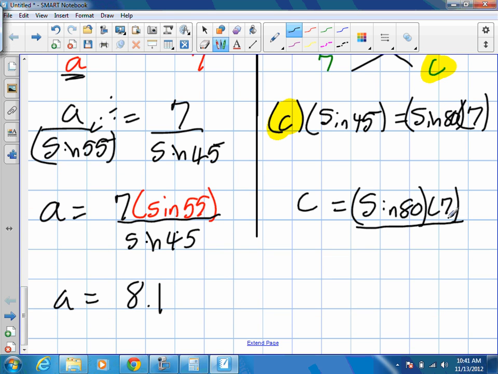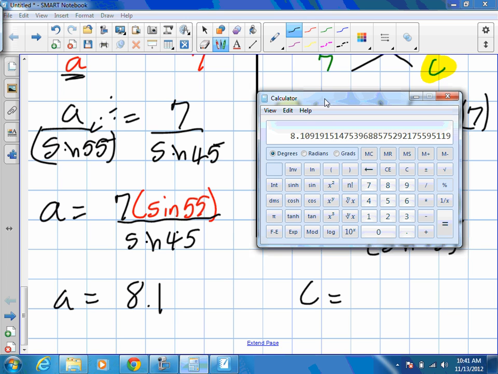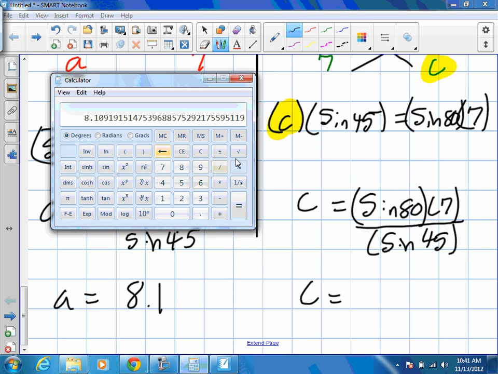And in this case, we'll plug it in the calculator here. Sine 80, so clear button. Good. 80 sine times 7 equals, divided by, bracket, 45 sine, and bracket, where's the bracket? There it is. Equals 9.7, let's say. Okay? 9.7.